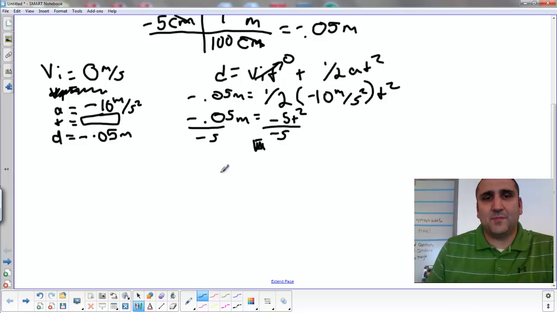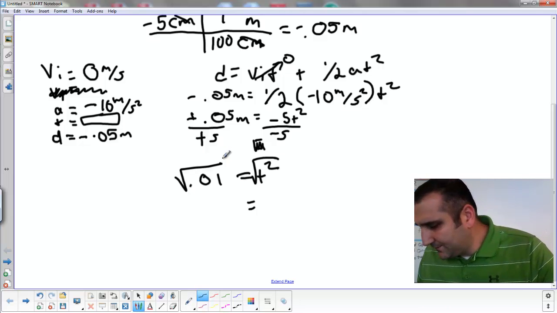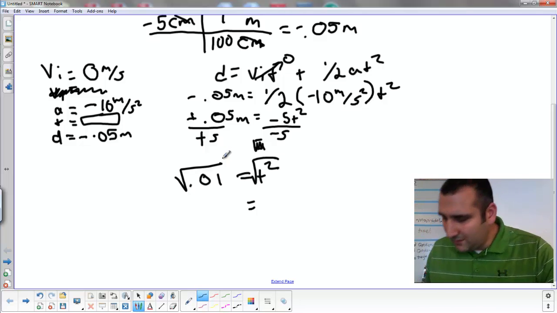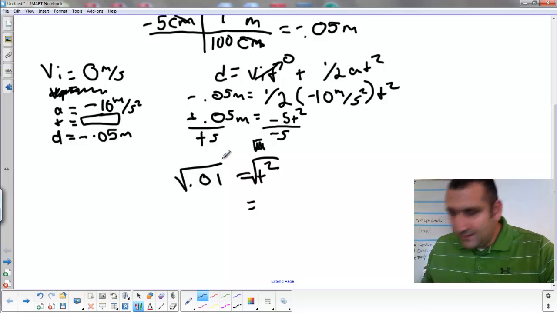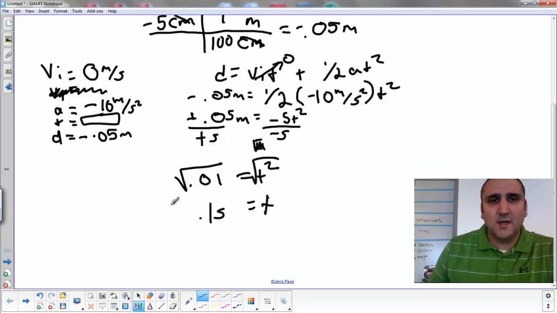Negative over negative is positive, so you're going to end up with 0.01 equals t squared. And then all you got to do in order to calculate t from t squared is take the square root. So the square root, let's get my calculator here, of 0.01 is 0.1. So t is 0.1 seconds.